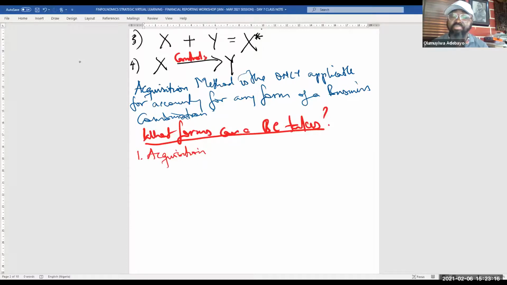A practical example of such in Nigeria is when NIPCO acquired Mobil Nigeria PLC. And today, Mobil Nigeria PLC is known as 11 PLC. And you can read that up in the material I shared with you. Let me show it again. I put something up on that.